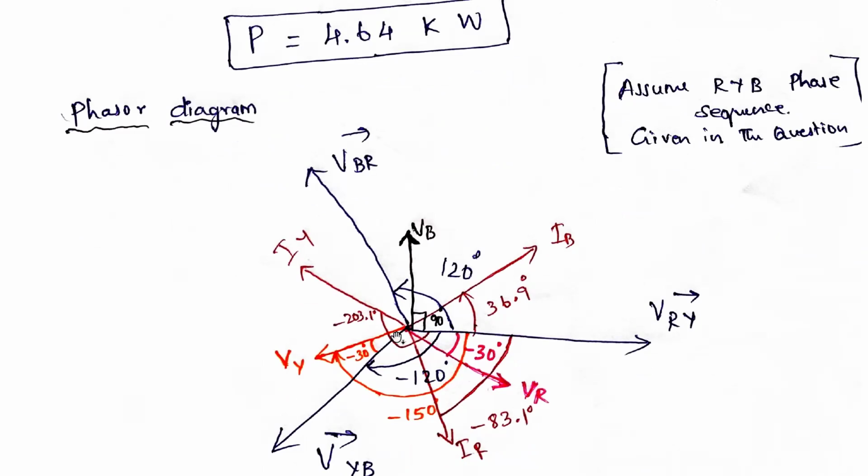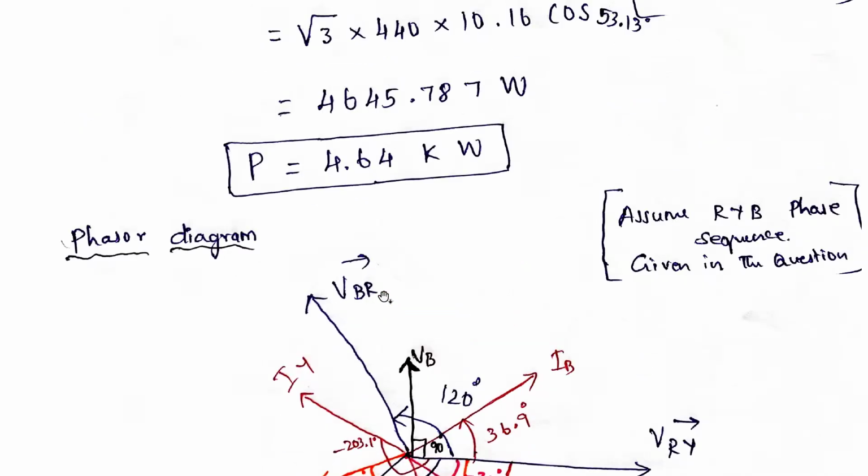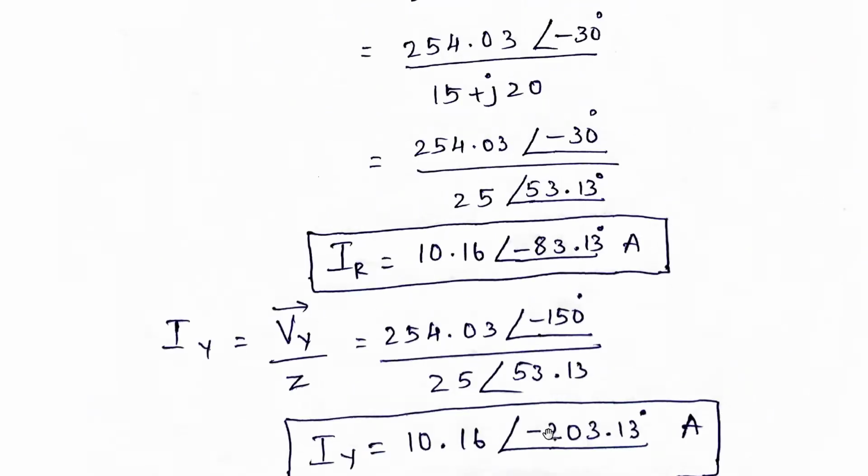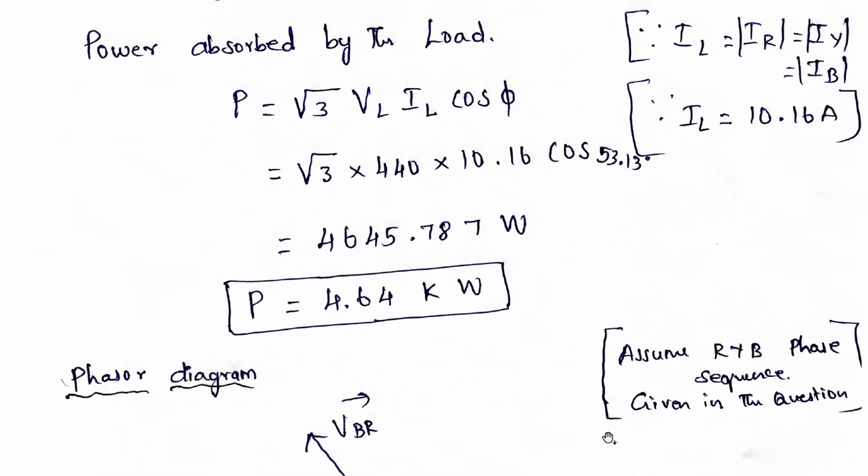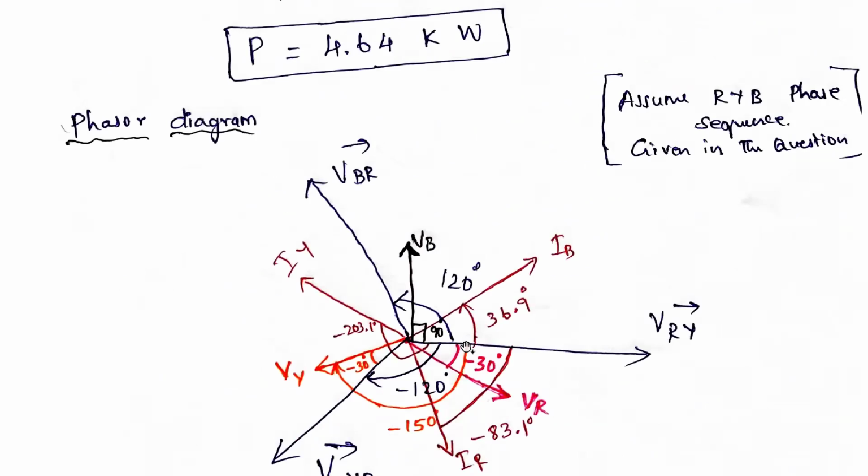Now IY we calculated as minus 203.13. So from here up to here is 120, and this is 240. So minus 203.13 is approximately this. That is IY, marked in brown color.